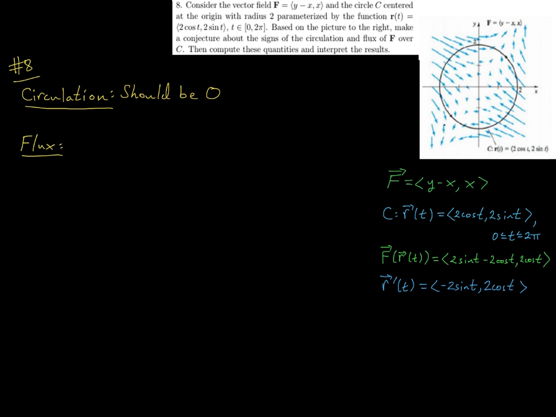And since we're out of the circle, that's going to contribute positive flux. However, this negative flux stuff here and here is definitely going to outweigh the positive flux portions, because the magnitudes of F in these negative flux regions are much greater. So it feels like the flux should be negative.